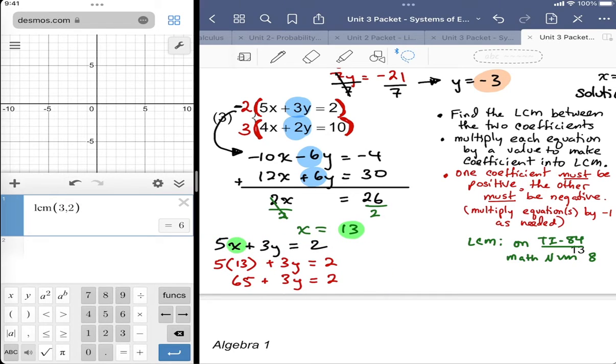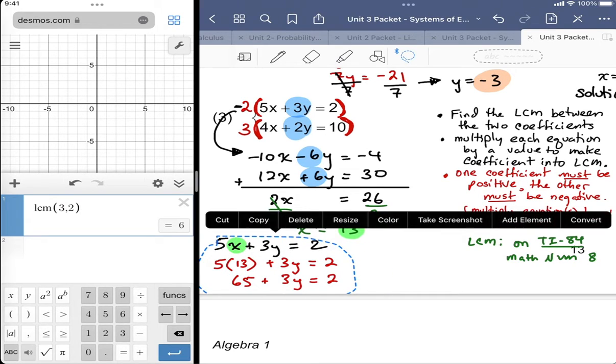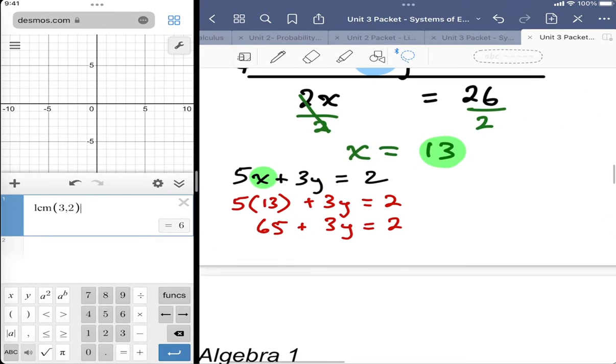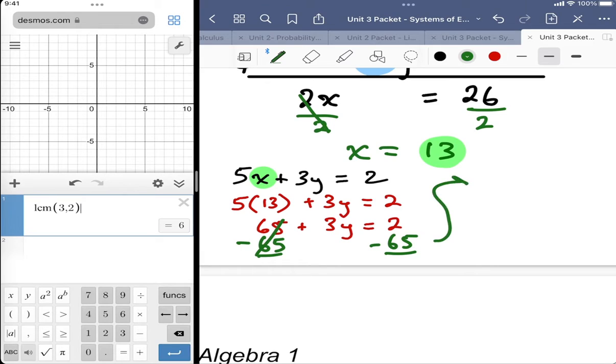I'm going to reduce the size a little bit so I can fit it. And I'm going to zoom in. So, little subtraction property of equality. Subtract off the 65. So we're looking at 3y is equal to negative 63.